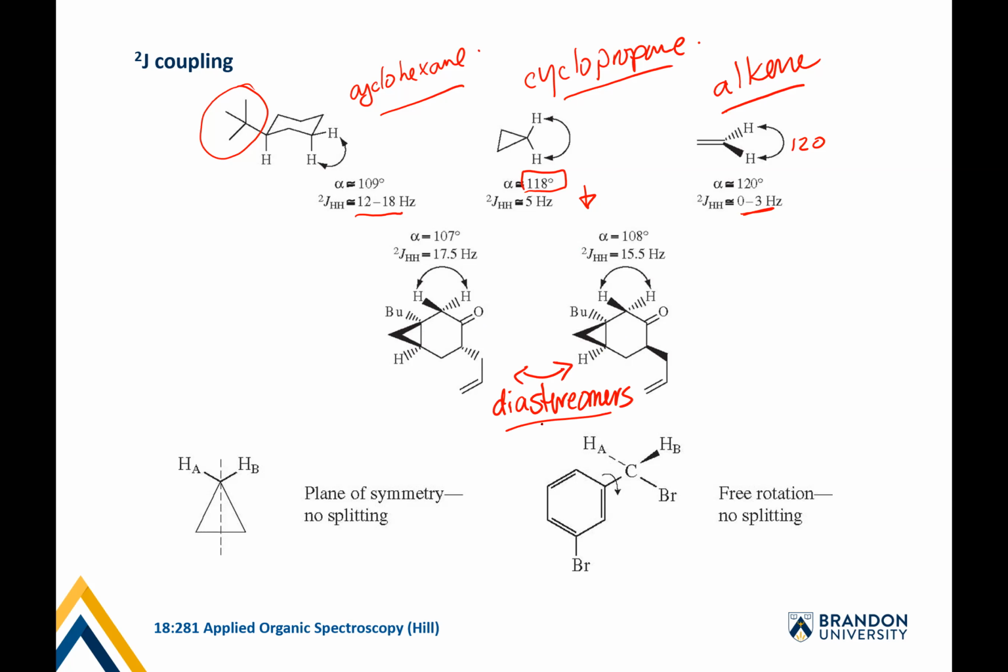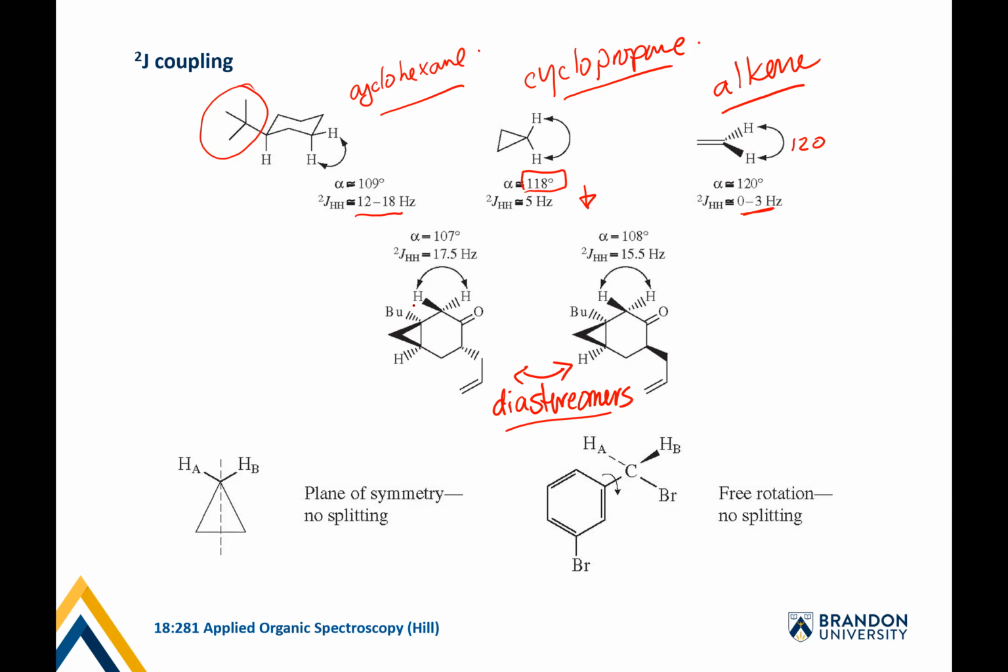And we've added a vinyl group on the beta carbon to this ketone. And what has happened is that when they did this reaction, they isolated two products. They could separate them because they're diastereomers. And then they wanted to determine, well, which one is which?